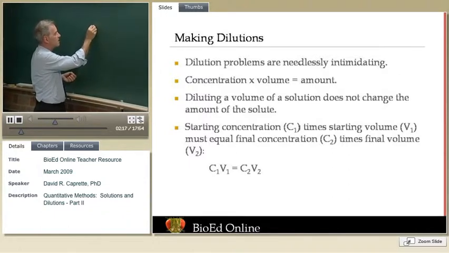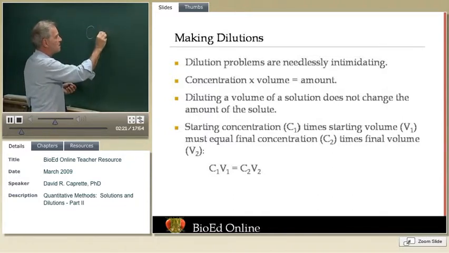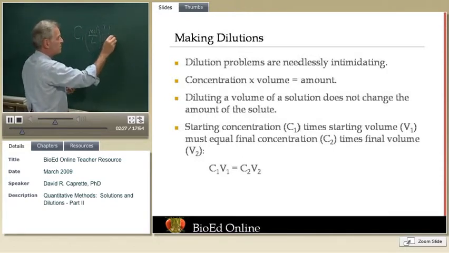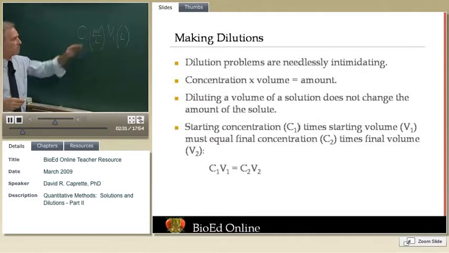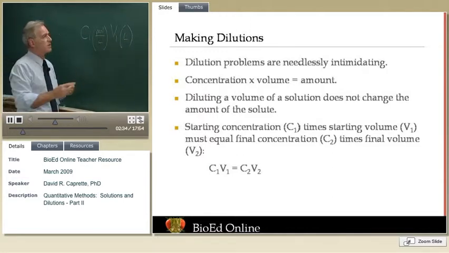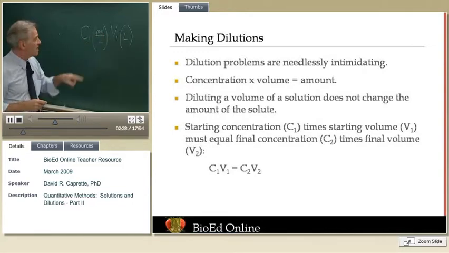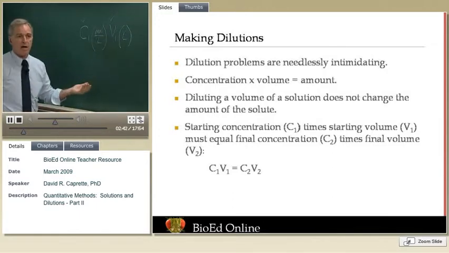Let's let the initial concentration be C1 in moles per liter, and let the initial volume be V1 in liters. C1 times V1, moles per liter times liter, equals moles, the amount of substance that we have in that starting volume. If we know C1 and we know V1, we know the amount.